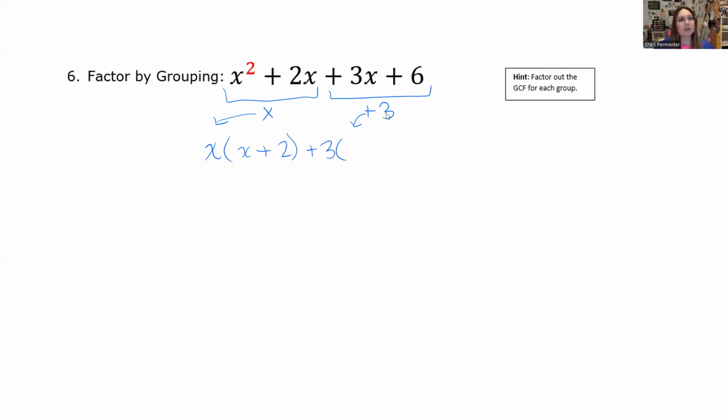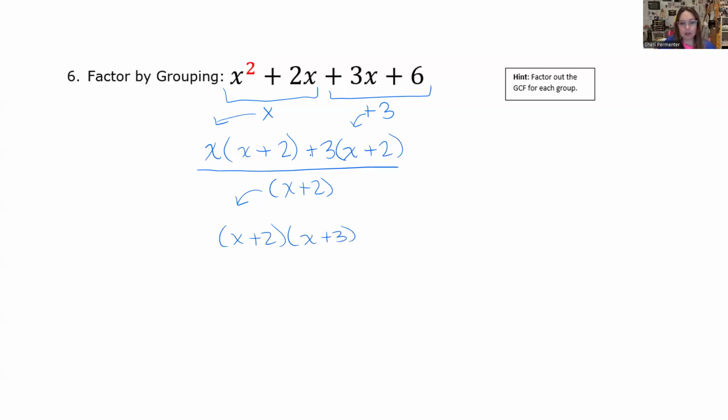So I'm going to pull out into the front, plus 3. 3 divided by 3 is 1. I'm just left with x. 6 divided by 3 is 2. Two sets of parentheses that are the same. Yay! So I'm going to factor out x plus 2. It goes out into the front, so I get x plus 2, and then I write down what I have left, which is the stuff outside the parentheses, x and plus 3.